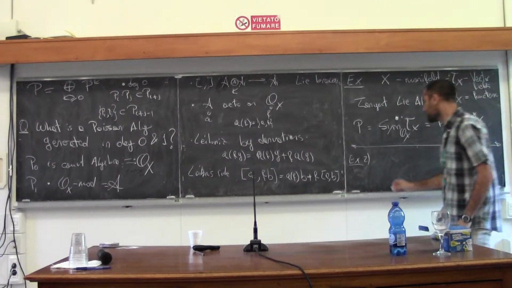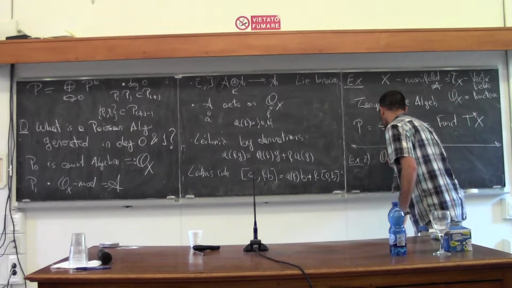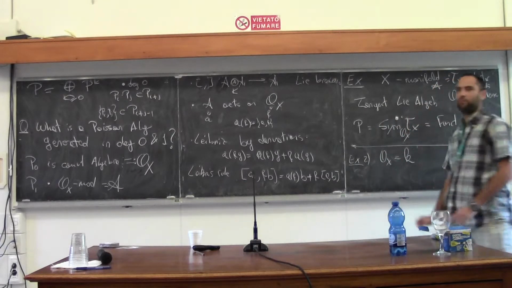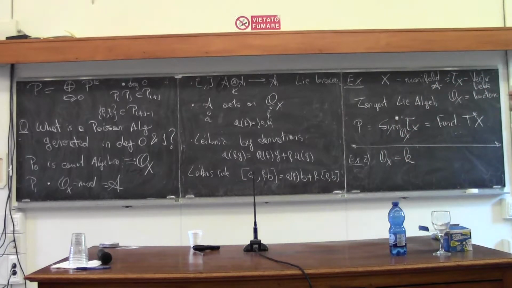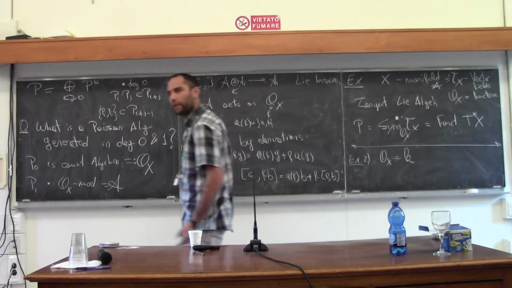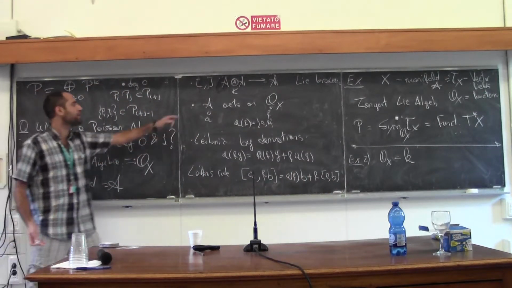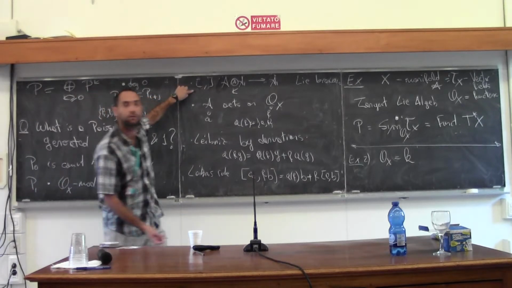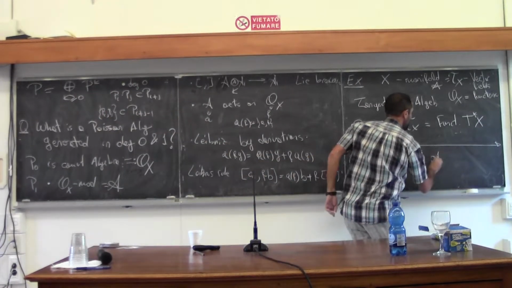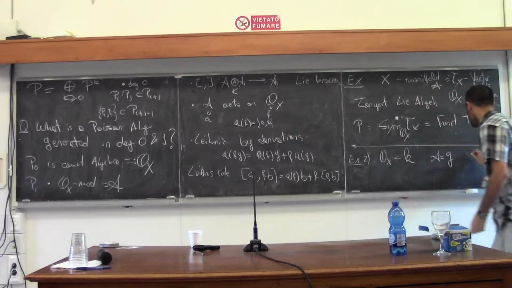Example 2 is when O_X is just K. When O_X is just K, there's no derivation to be fiddling around with, so essentially all of these structures degenerate, and the only thing I'm left with is this Lie bracket. So A equal to g is just a Lie algebra.